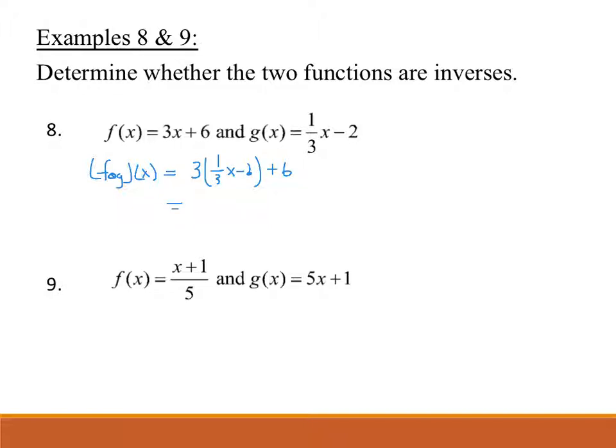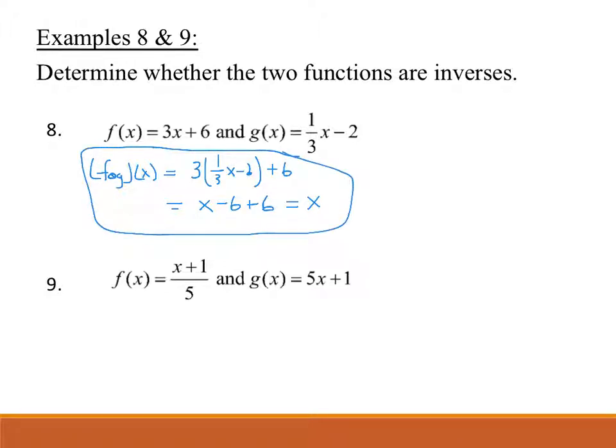When we distribute the 3, we get x minus 6 plus 6. And let me make sure I get this right. So let's go back and get this to be 6. This just equals x. So by definition, g of x is equal to f to the minus 1 of x. So it is an inverse function.